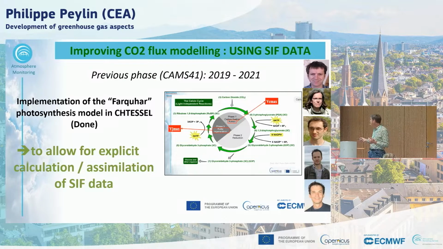I move to the second part, which is improving the CO2 flux modeling, improving the GPP, the gross primary production. In the previous phase, as already mentioned, we implemented the Farquhar photosynthesis model compared to the old model. This was an important step to use fluorescence data because it's much easier to include a fluorescence model with the Farquhar model than it was with the previous model that CTESSEL was using.